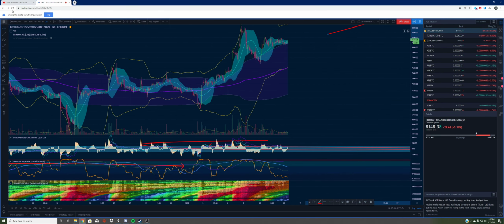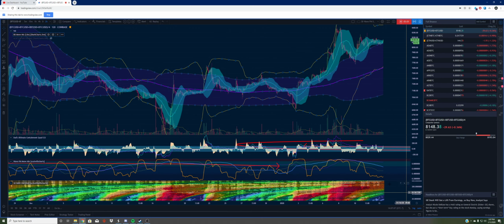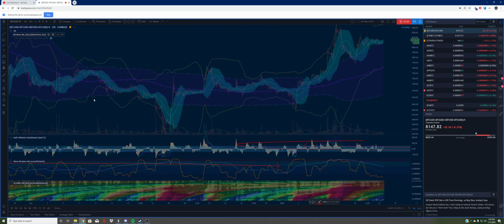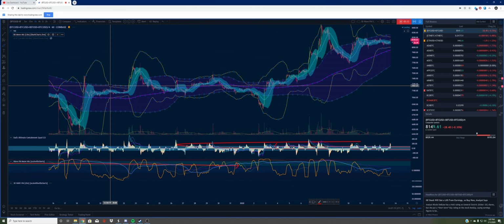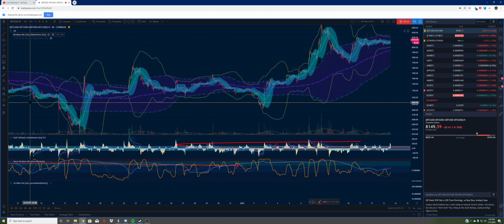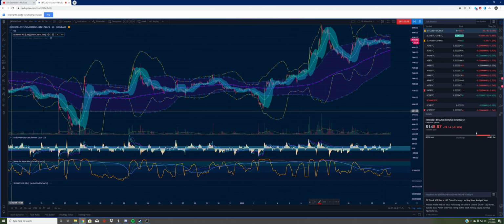Okay, so we actually have a really good example on why I'm not inclined to incorporate volatility overhead based on, let's go to the 1 hour chart. Okay, so I don't like converse expansion.